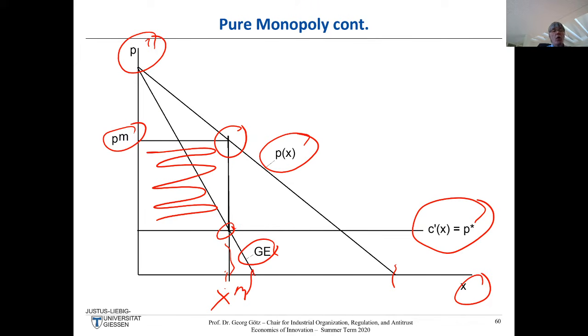This rectangle here is the producer surplus, and of course, you will only be willing to introduce this product innovation if product development costs, which are fixed costs, are smaller than this. And we will get back to this kind of argument once we discuss the Arrow model.